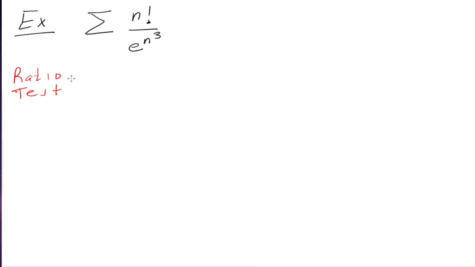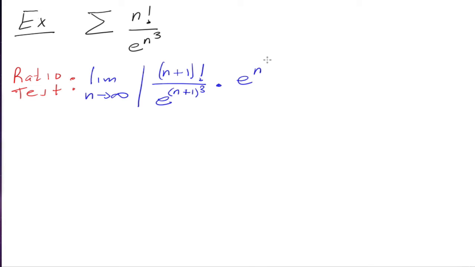The ratio test tells us to find the limit as n goes to infinity of (n plus 1) factorial over e to the (n plus 1) cubed, times e to the n cubed over n factorial.